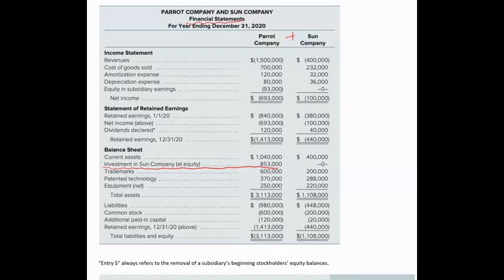At the same time, we're going to take care of the subsidiary's equity accounts, and we also need to adjust some of those balance sheet accounts if they have a different fair value from book value. Remember, all the numbers here are based on book values, but we need to make some adjustment to make them equal to fair value.